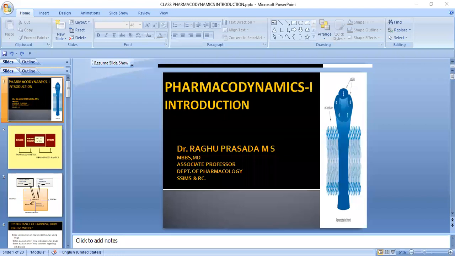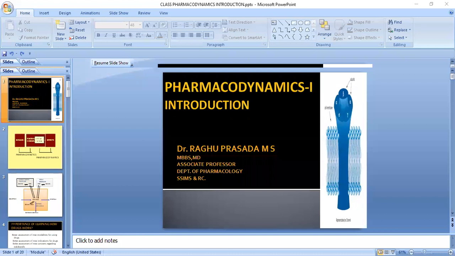Then we learn about the various adverse drug reactions you can get. And once the drug is bound to the receptors, how effectively it is bound, we try to put in a log dose response curve, or the concentration dose response curve.